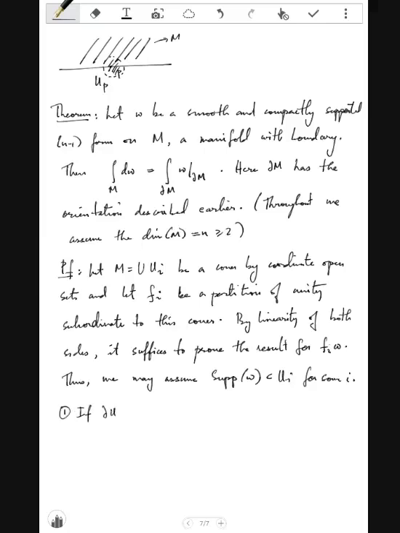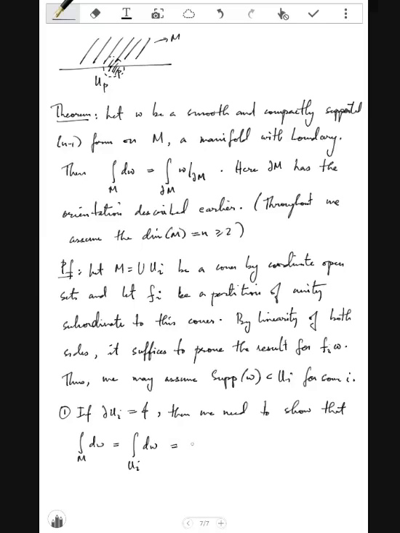First case is the boundary of Ui is empty. Then we need to show that integral over M d omega, which since omega is supported inside Ui, is integral over Ui d omega.